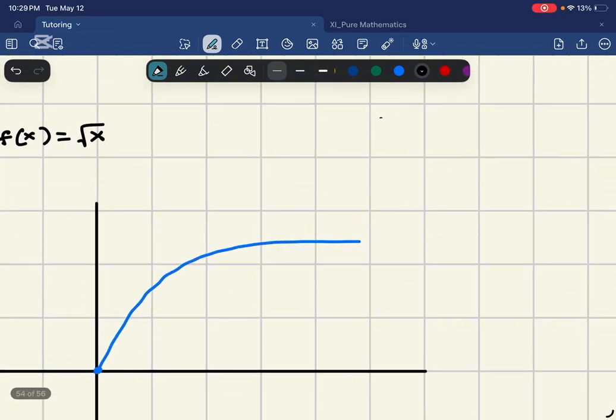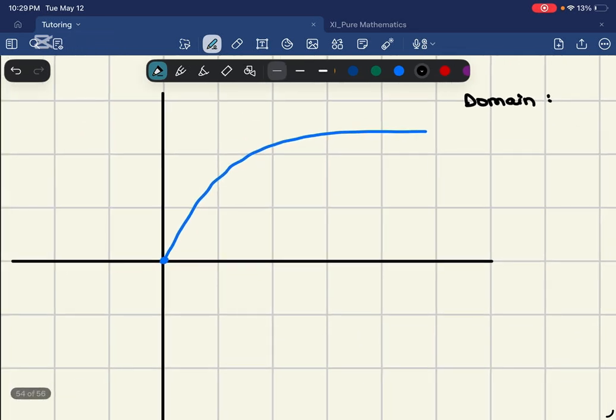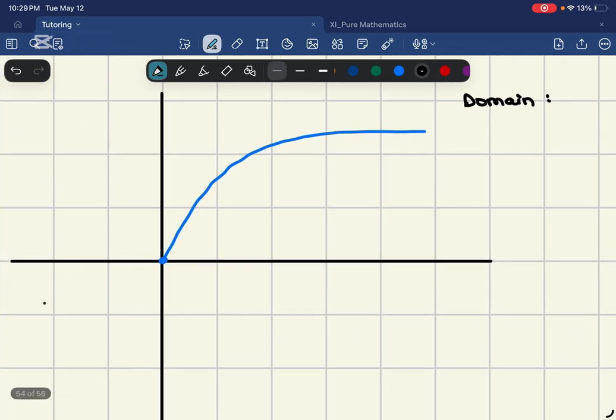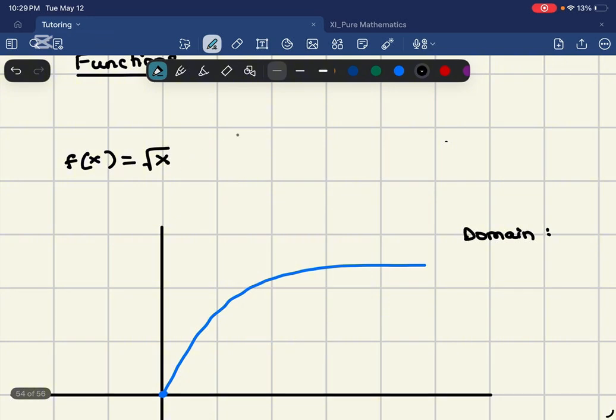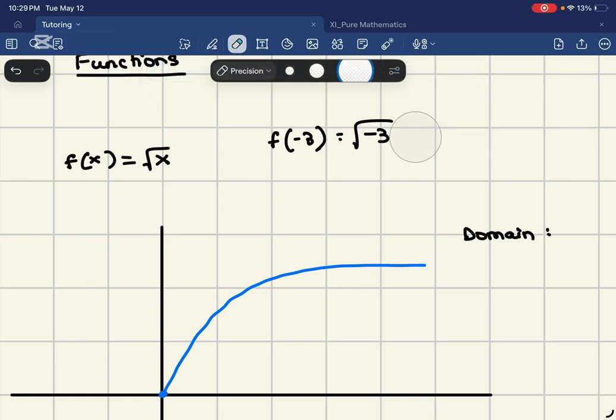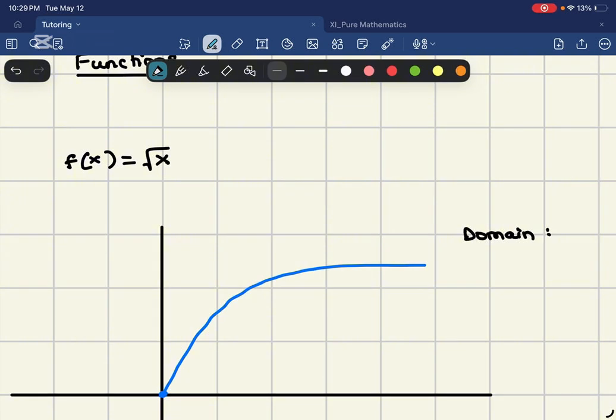So the domain of this function is, if you now think about it, you cannot put negative numbers inside the square root function. F of -3, suppose -3, this is not defined. Because remember, when we said domain is the set of permissible values, accepted values, right?